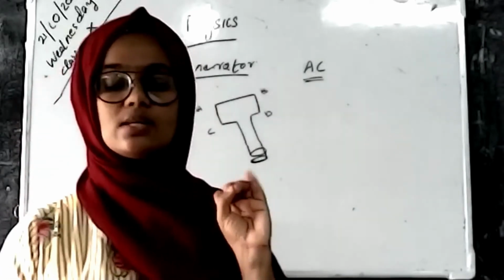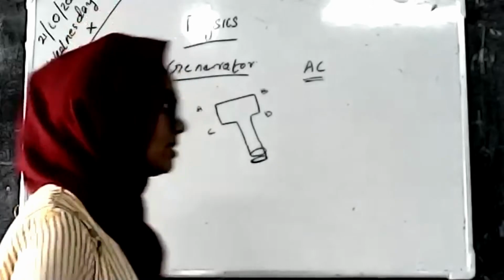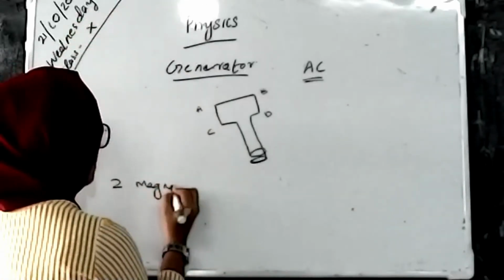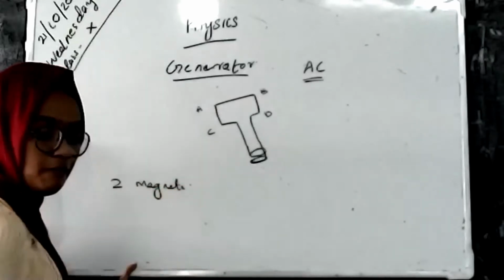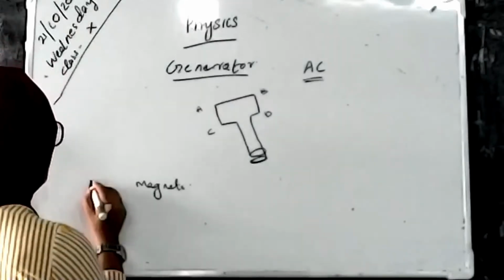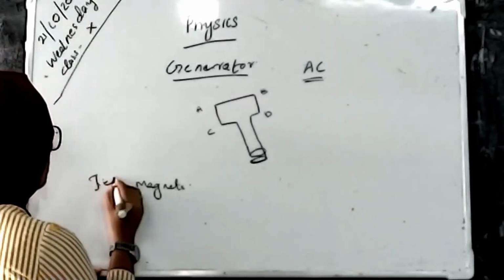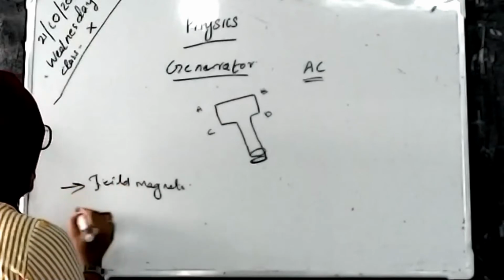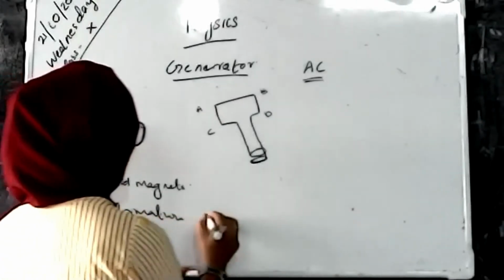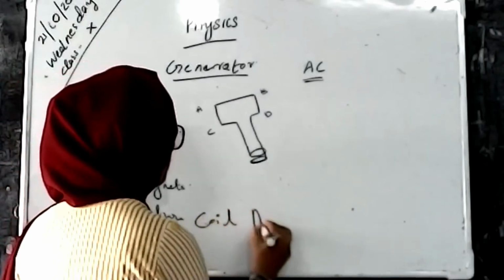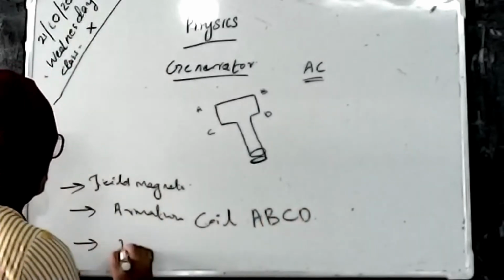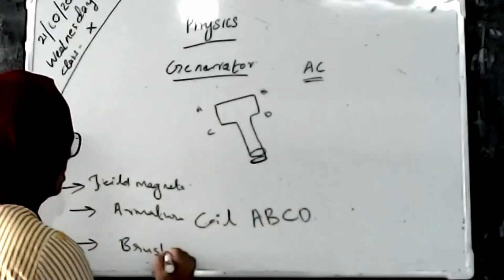So an AC generator has two magnets, which we call field magnets, an armature coil ABCD, and two brushes.